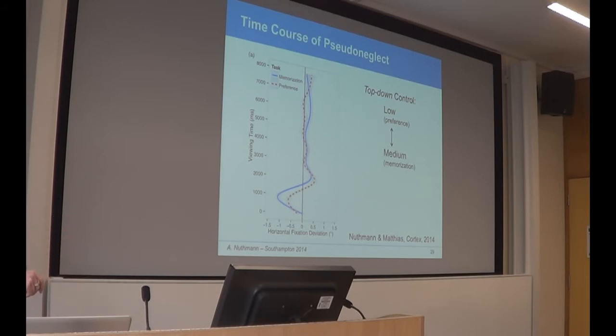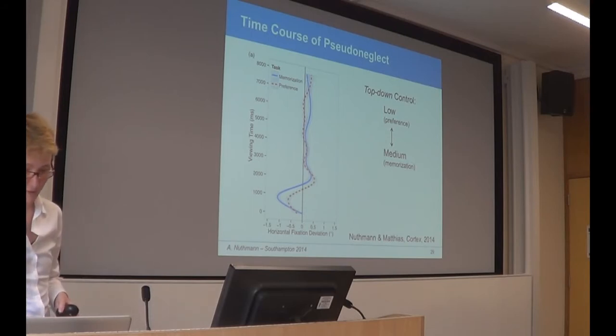You can then quantify this initial leftward bias with regard to its amplitude, about 1 degree, and its duration, about a second and a half. With regard to the task effects, it's a little stronger for the memorization task.